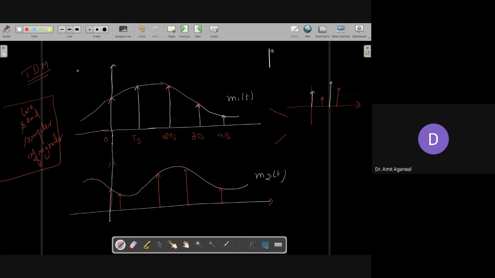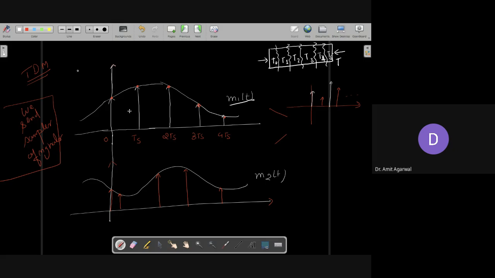If you are given a time duration of t over which you are allowed to communicate, and there are two signals M1T and M2T which you want to transmit, so you can first divide your channel in time, and you will say that all the even time slots will be provided to M1T, and all the odd time slots will be provided to the message signal.